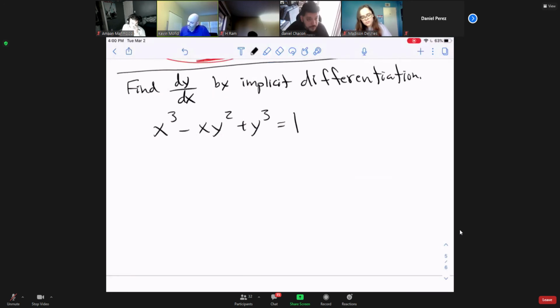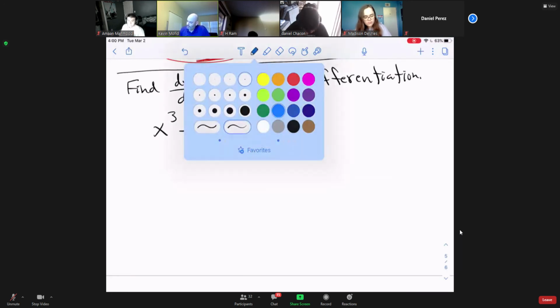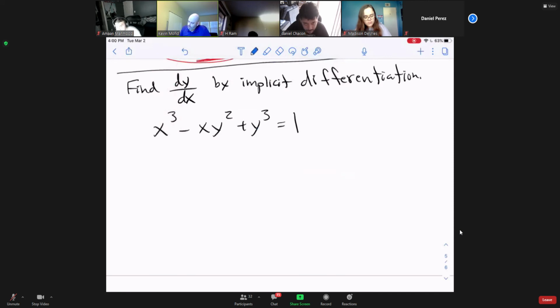So to take the derivative here, you've got 3x squared minus. Now, the derivative of this guy, we've got to use the product rule. So it's going to be minus this whole thing, so I'm going to open bracket. We're going to use the product rule: first, times the derivative of the second. What's the derivative of y squared? 2y times dy over dx.